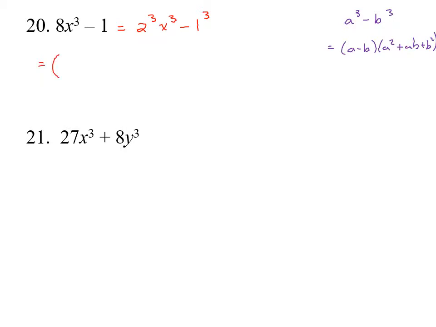And so this would become, drop the cubes off, 2x minus 1. Then on our rule, we square the first one. So 2 squared is 4, x squared is x squared.